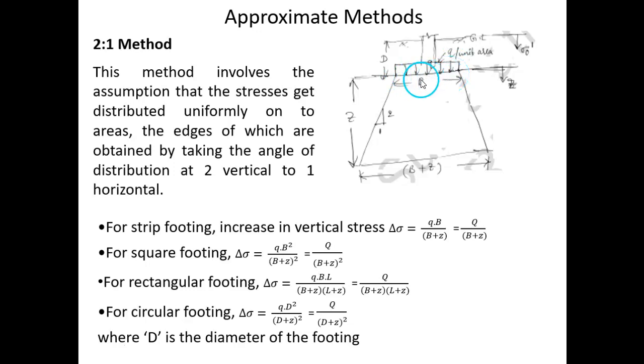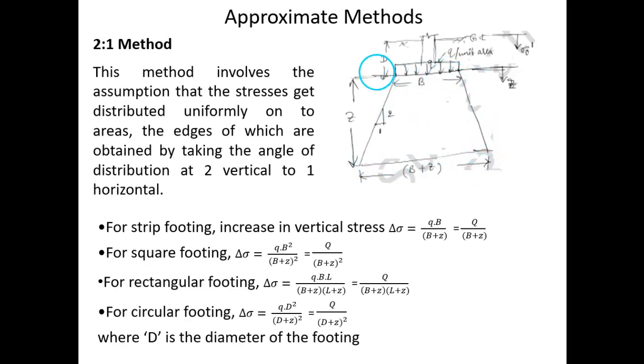Now, if we want to estimate the increase in vertical stress at a depth z below the base of the footing, then we should know the area on which this particular load is distributed.